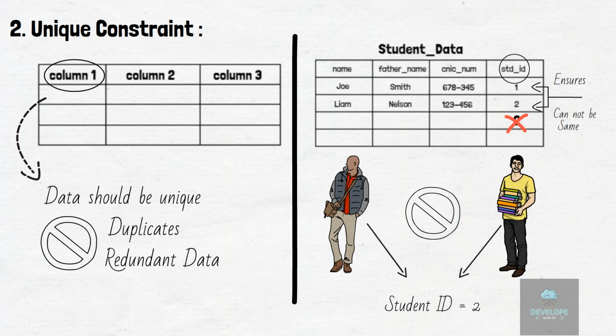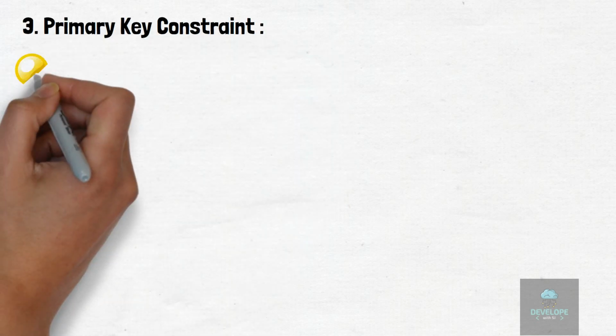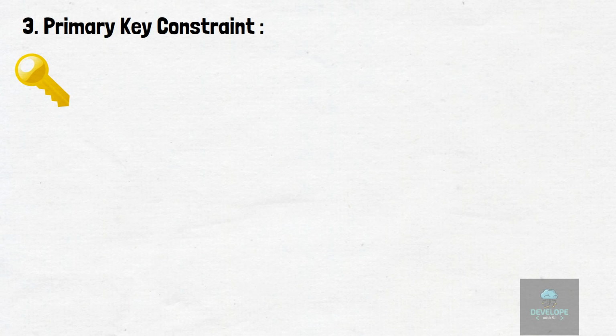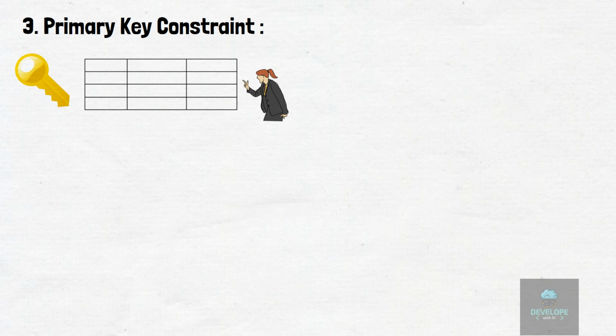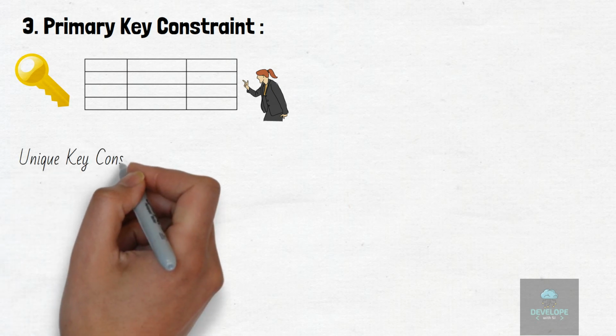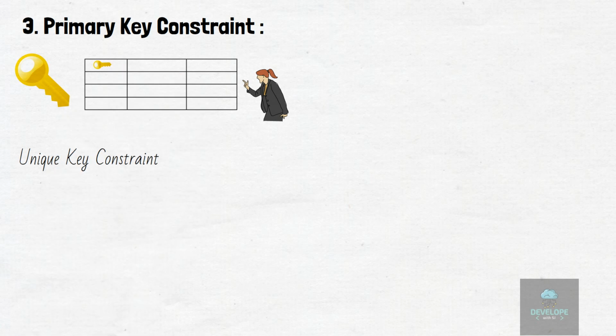Now, let's discuss our third type of constraint, which is primary key constraint. Primary key, as we have already discussed in detail previously, needs to identify a row in a table uniquely. Which means unique constraint is by default applied if a column is defined as a primary key.